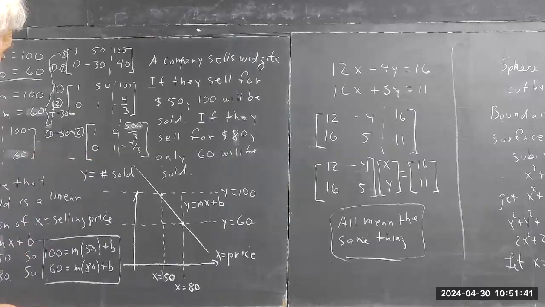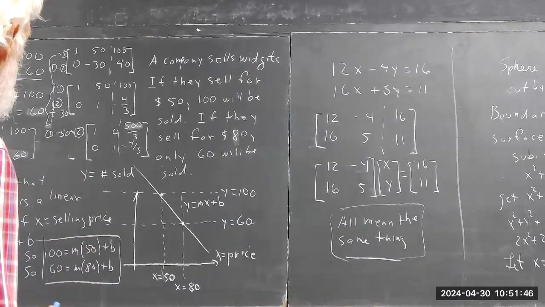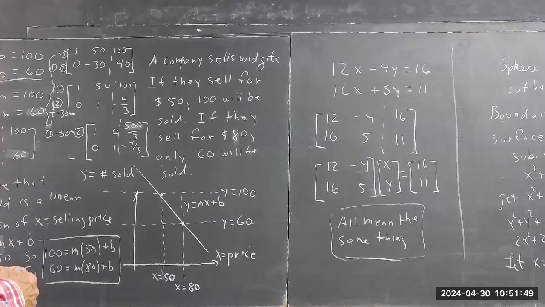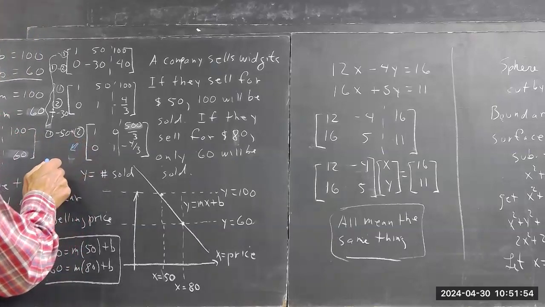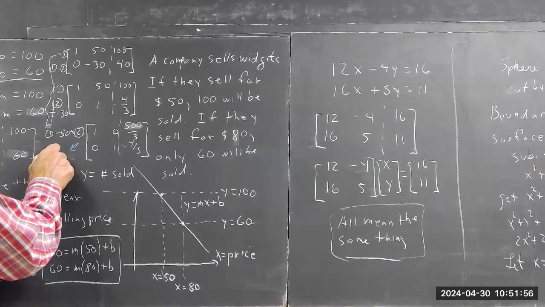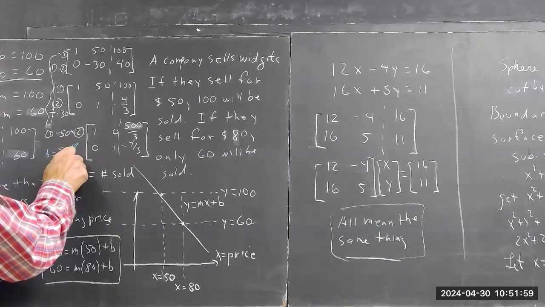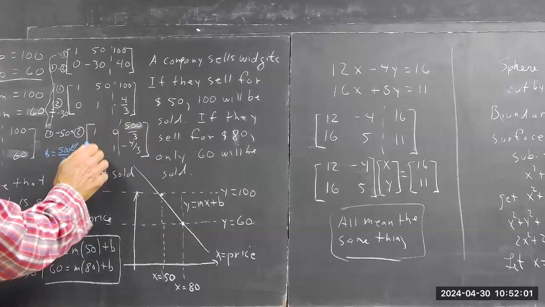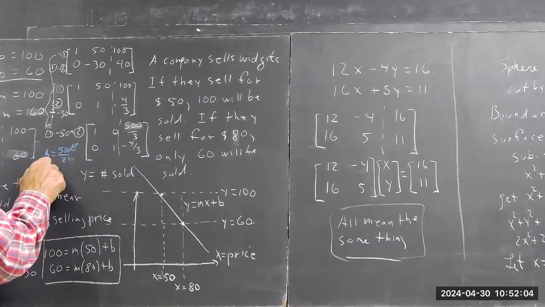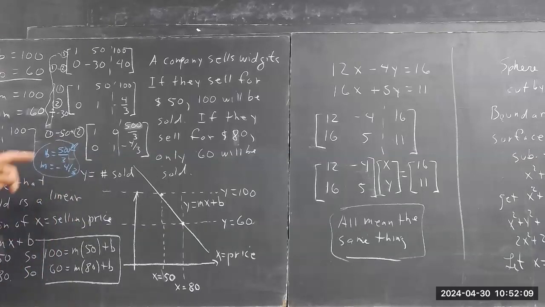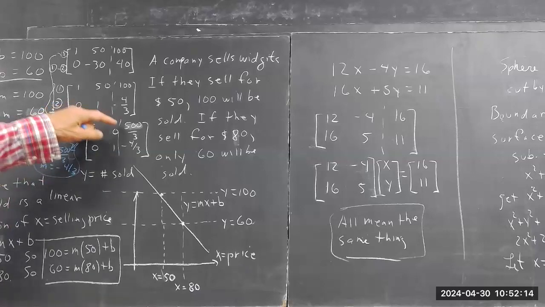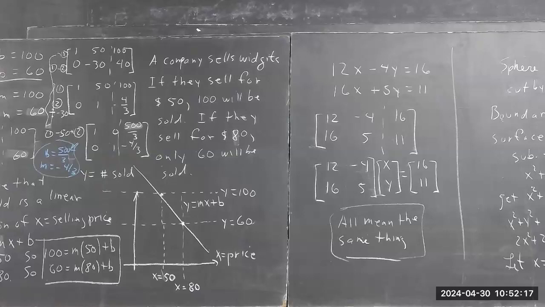Now we're out of room on the board, and I'll change colors so we can keep track. This tells us that b is 500/3. This tells us that m is -4/3. That's poorly written, might be hard to see, but this is your b, and this is your m.